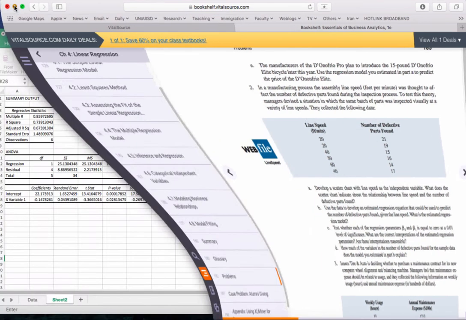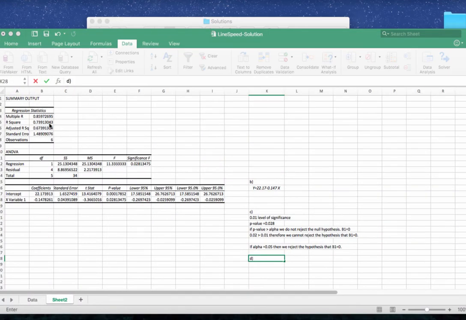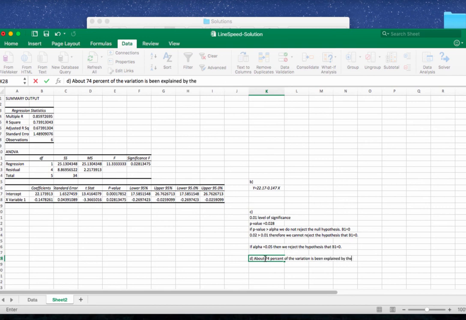And as you can guess, that's related to the R square, which is 0.739, so about 74% of the variation is being explained by the independent variable.